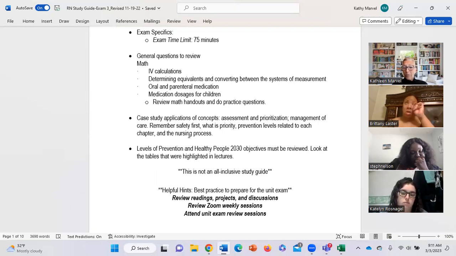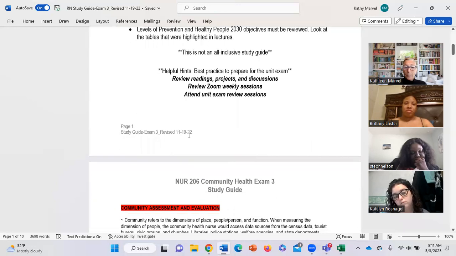That care gets shifted from the inpatient setting, whether that's a hospital, a long-term care facility, assisted living, a rehab center, or a drug rehabilitation center. All those people need care in the community, right? So that's why we think about putting our nursing process in place in the community. Okay.